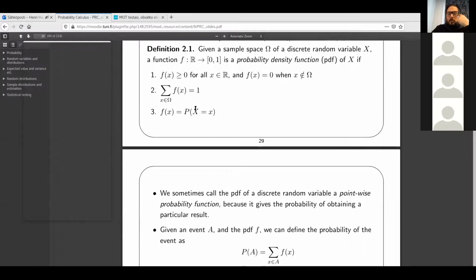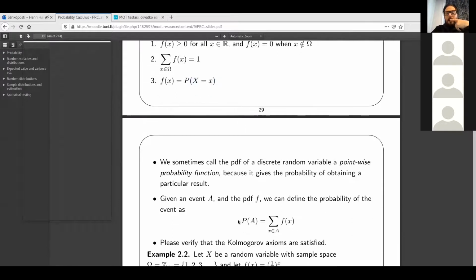And because the set of all subsets of this sample space is a sigma algebra, because it's a countable set, then we can get the other Kolmogorov axioms to be satisfied.